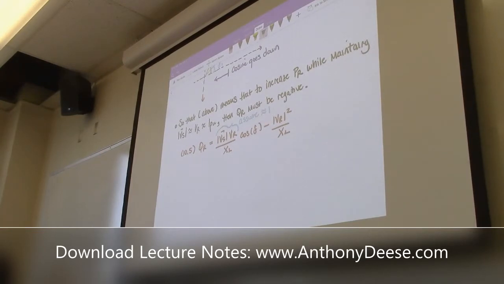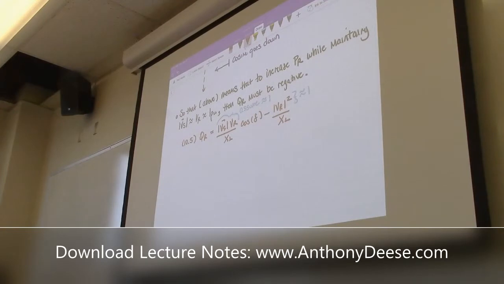They're both values very close to 1. We can also replace this with a 1. And so what we end up with is 1 over XL times cosine of delta minus 1.